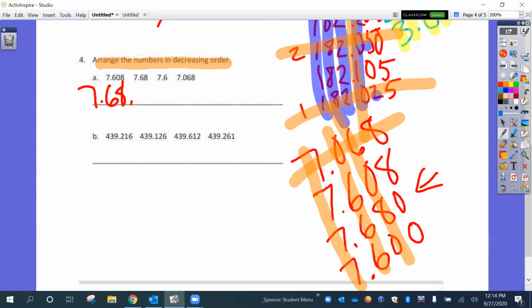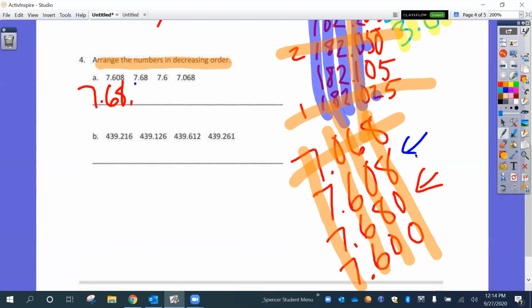Right, and then the next number is, well, we have to go to the next place value to figure that out. What's our next largest number? Yeah, and this one, it's going to be this number, because it has 8 in the thousandths place and the other one has 0.